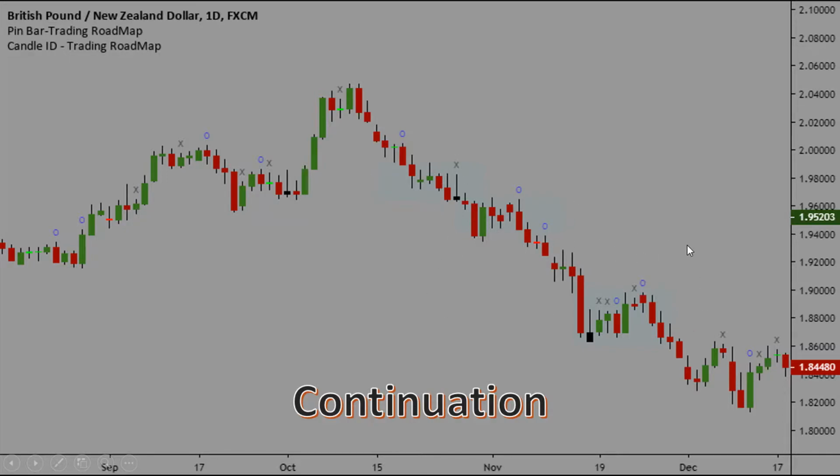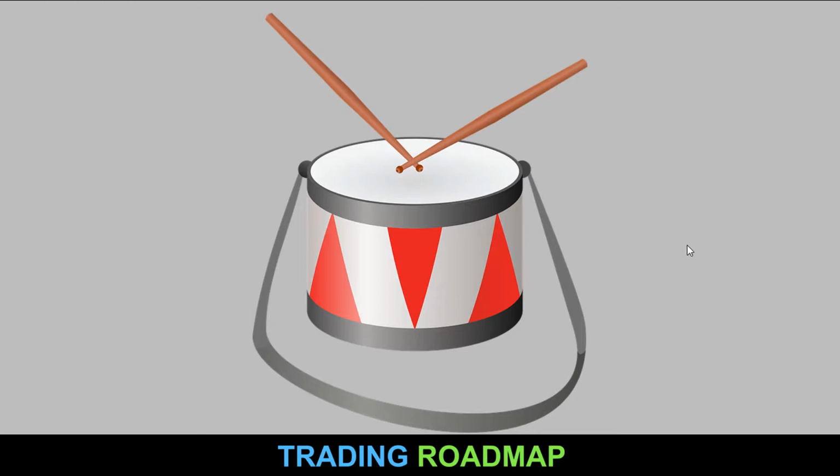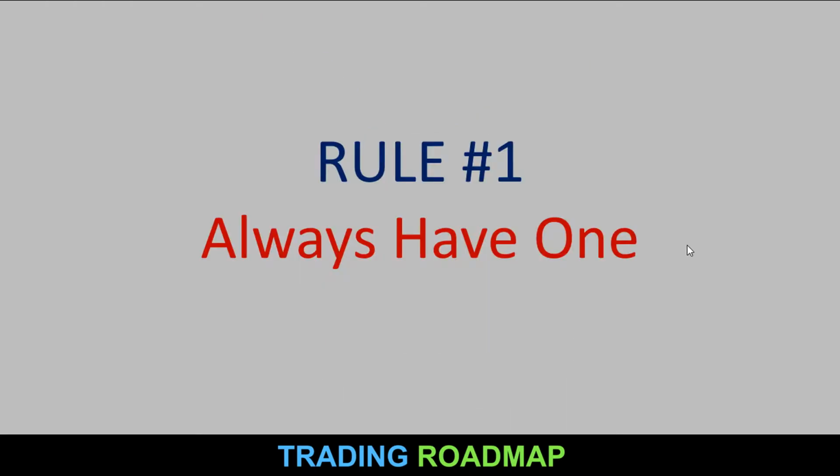So before going through entries and initial stop loss, I'm going to share with you my two main rules of stop loss. And like we have some drum rolls, rule number one: always have one. Always have a stop loss. Never ever trade without a stop loss. It's very important.